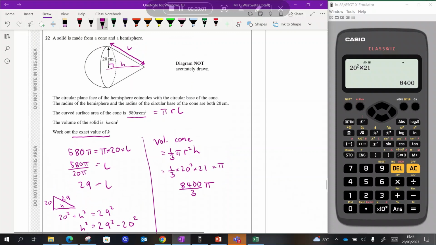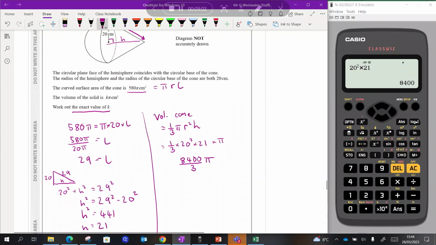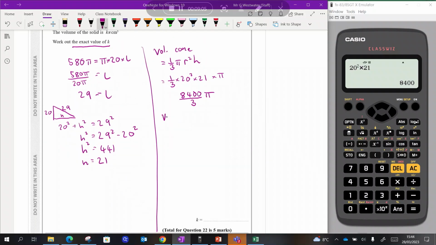Now let's have a look at the hemisphere. The volume of the hemisphere is going to equal half of the formula for a total sphere. So half of 4/3 pi r cubed.